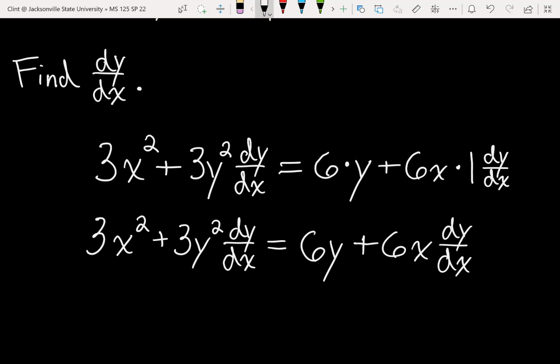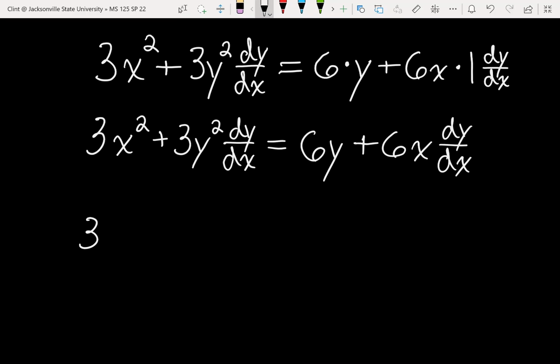Okay. So we're trying to solve for dy dx, or y prime if you use that notation. The first thing we need to do at this point is just algebra. We just have a weird looking dy dx term in there. We need to get everything with a dy dx on one side, and everything else on the other side. That's going to be our first goal.